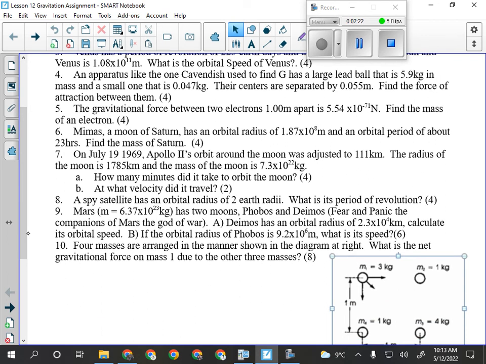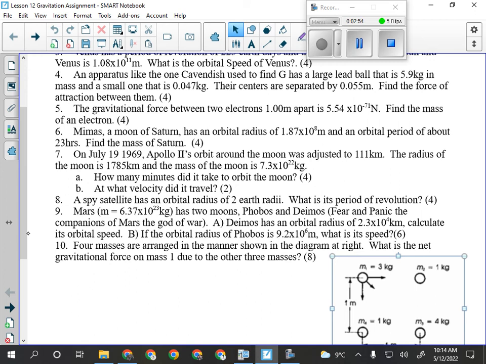Number 6 is talking about Mimas, which is a moon of Saturn. It gives you its orbital radius and orbital period in hours, and you are looking for the mass of Saturn. Number 7 has to do with Apollo 2's orbit around the moon, and it was adjusted to 111 kilometers. The radius of the moon is 1,785 kilometers. So, to be clear, the 111 kilometers is measured from the surface of the moon.